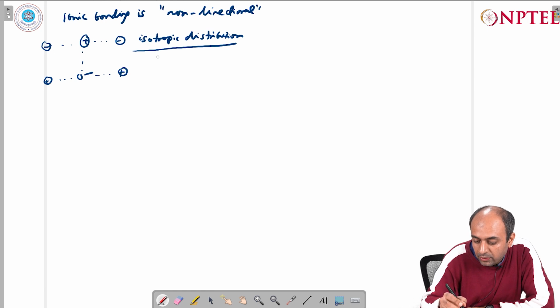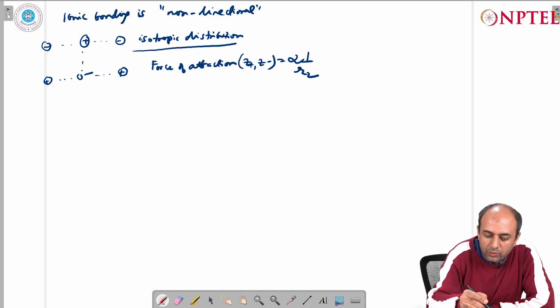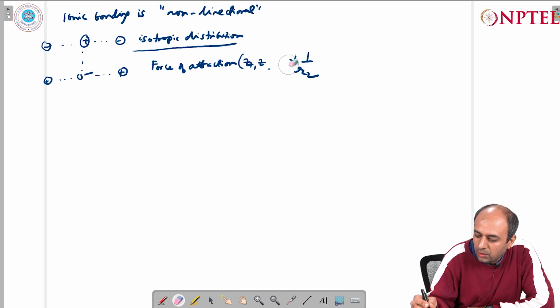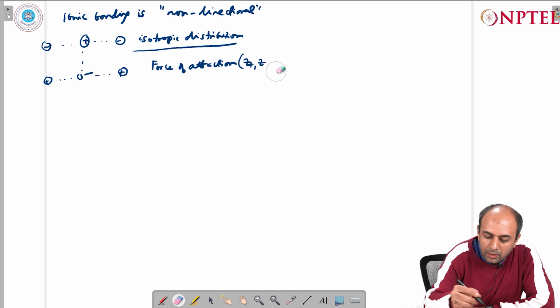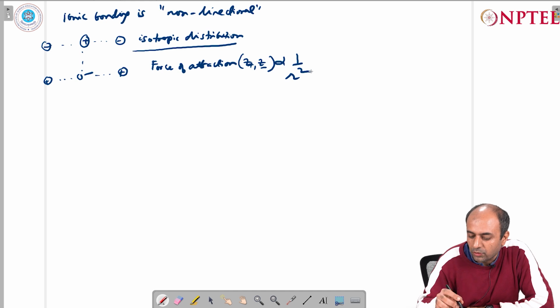And it is also important to look at the force of attraction. The force of attraction between the ions, given a set of ions Z plus and Z minus, is proportional to 1 by R square, because force is essentially the first derivative of E with respect to distance.